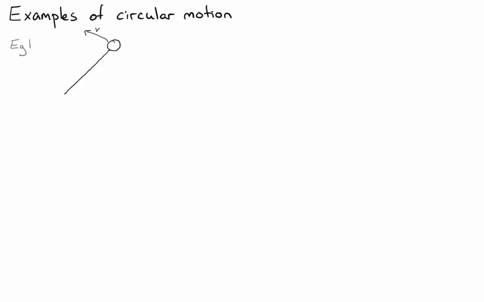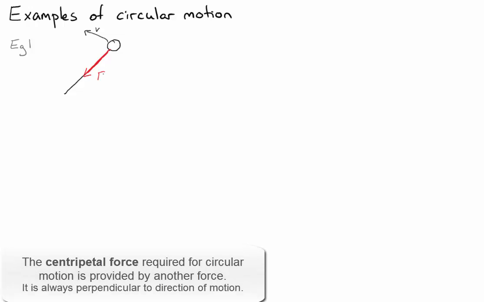If we ignore the effects of gravity and pretend this is in a horizontal path, there is a tension force from the rope acting on that ball, and in this case it is providing the centripetal force that causes that ball to go around in a circle.